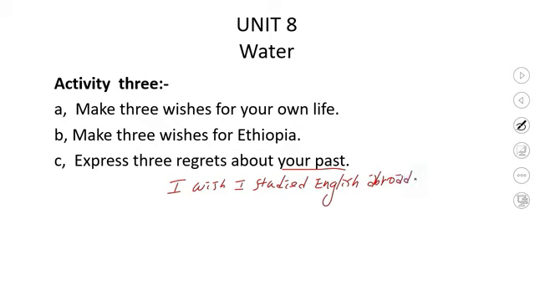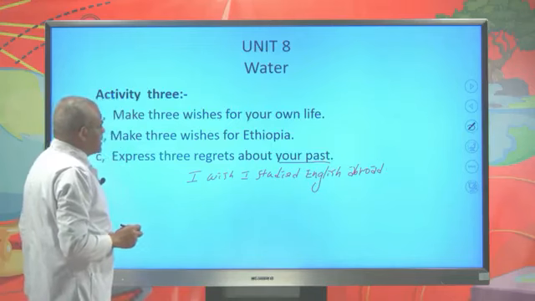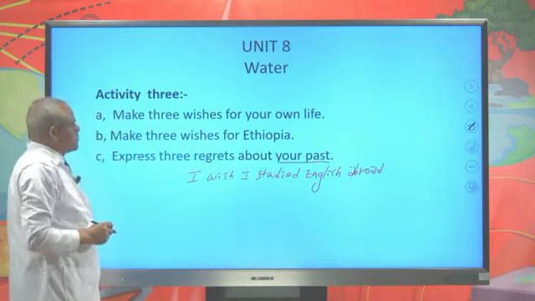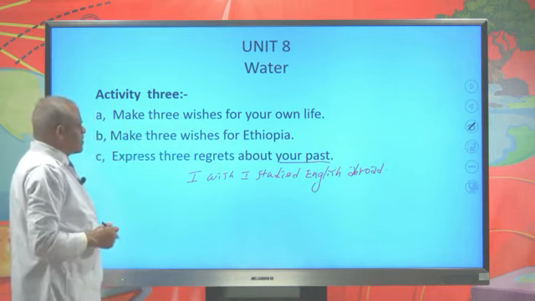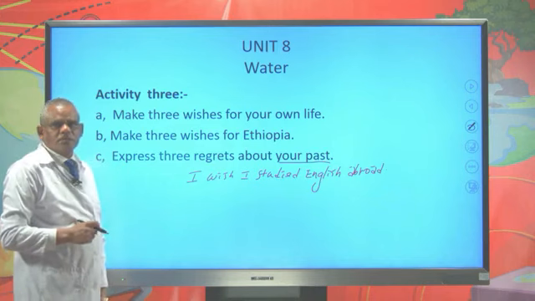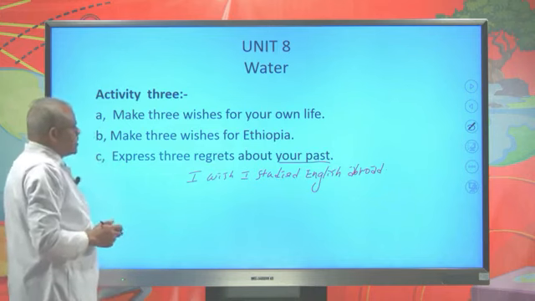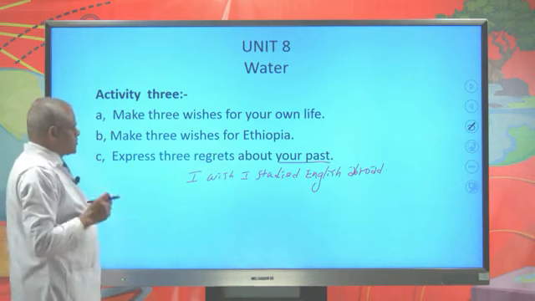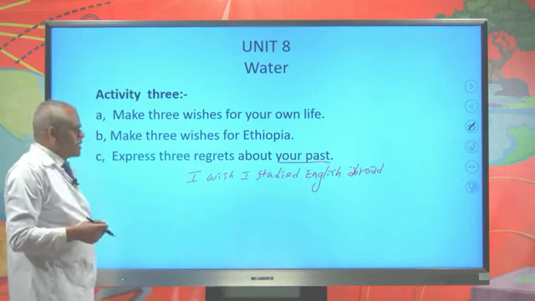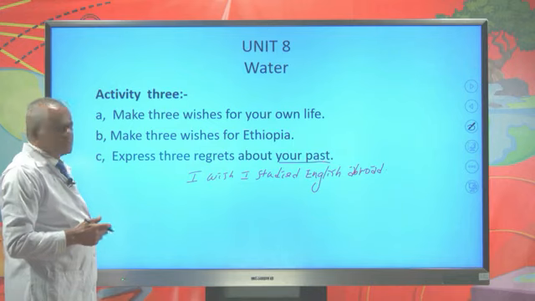For example, I wish I studied English abroad. Wish for your own life. You can have your own experience, right? I wish I studied English abroad. It's present. Make sure that it is future too.